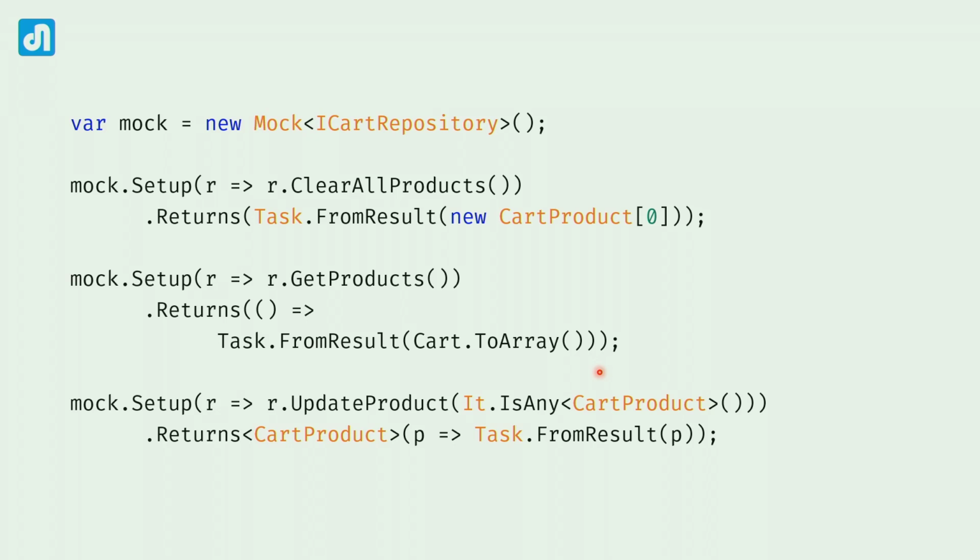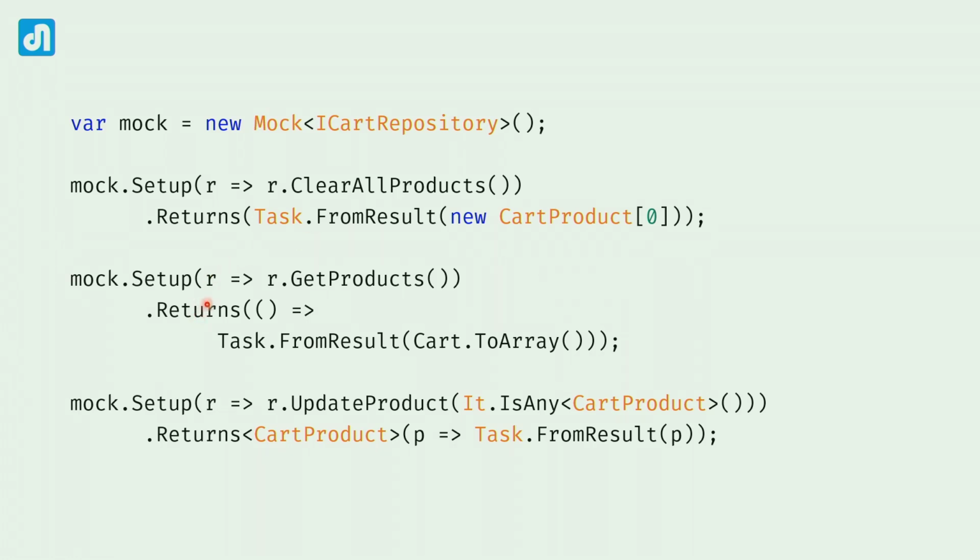Maybe a CartProduct comes into this where they want to add 4 items, quantity 4, but you only have 3, and you want to give a scenario where the server would come back and say, I don't have that many. So you could have in here, normally it returns successfully, but if I get a CartProduct that has 4, then it returns a failure condition back out of the API or back out of the repository.